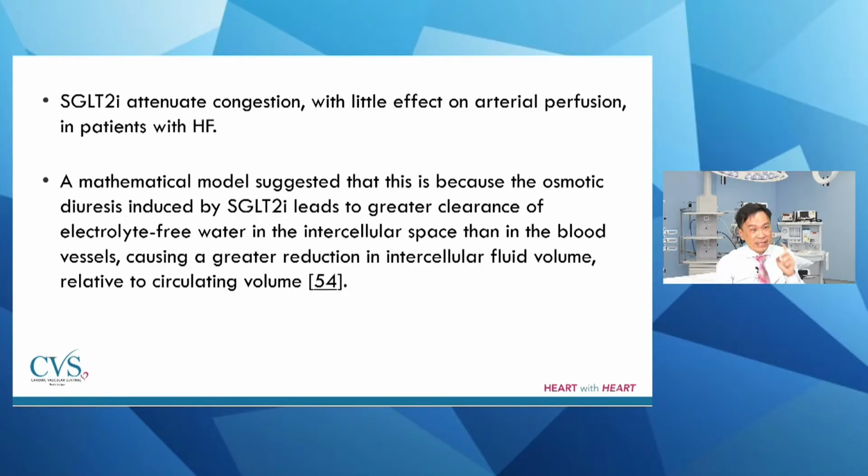The mathematical model suggests that there's what they call an osmotic diuresis that creates greater clearance of water from the intercellular space than from the blood vessels. I mean, that is incredible, right? If that's true, that means you maintain your vascular volume and you get rid of the water that's in the lung and in the legs.